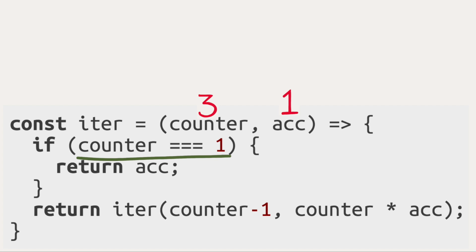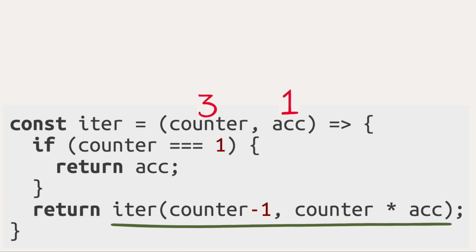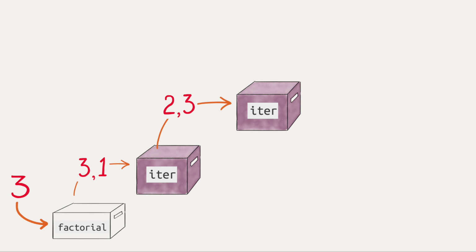Counter is not 1, so the first condition is ignored. Then it wants to return, but it needs to get the value from a new iter instance. This is the most important part. A new box is called with a counter reduced by 1, because we made one step, and accumulator multiplied by the counter. A new iter box is created.